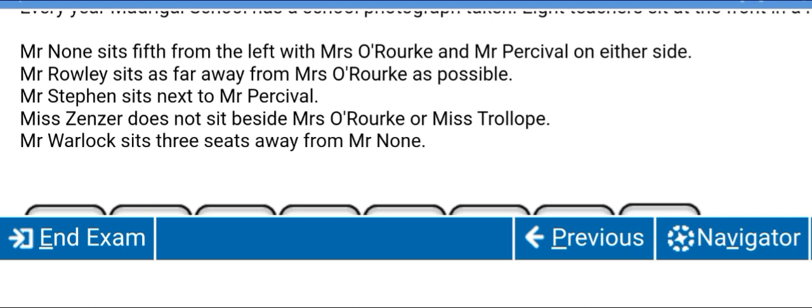Mr. Rowley sits as far away from Mrs. O'Rourke as possible. Mr. Stephen sits next to Mr. Percival. Miss Zenzer does not sit beside Mrs. O'Rourke or Miss Trollope. Mr. Warlock sits 3 seats away from Mr. Nunn.